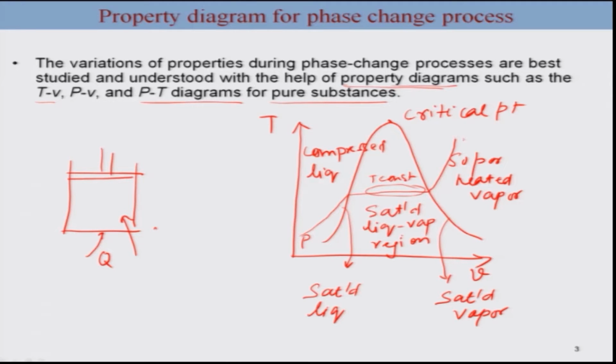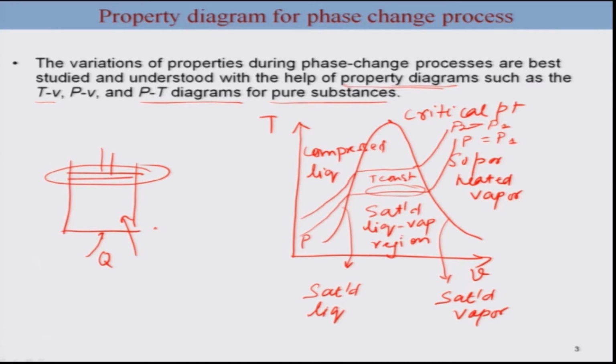So this is the case where some P is, let us say, P1. Okay, you can do this operation by changing the pressure of your system to a higher pressure, let us say. So this will be the case of P2 such that P2 is greater than P1. So this is a simple phase change process.